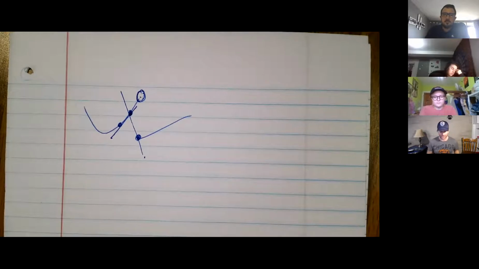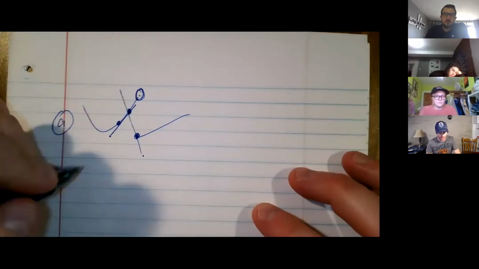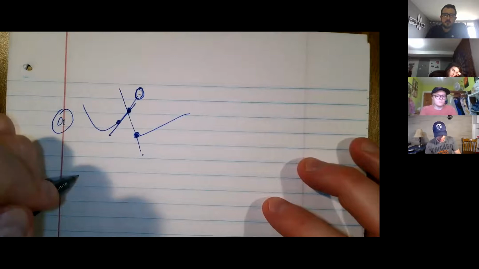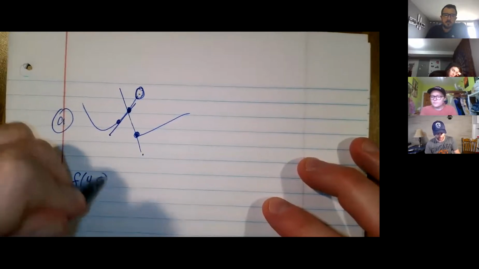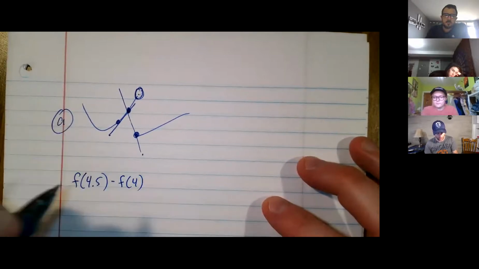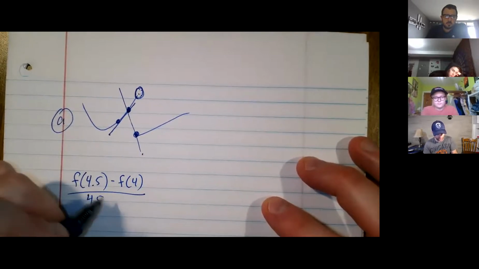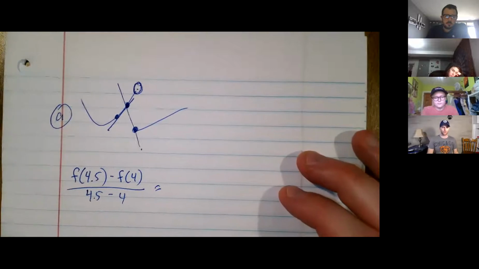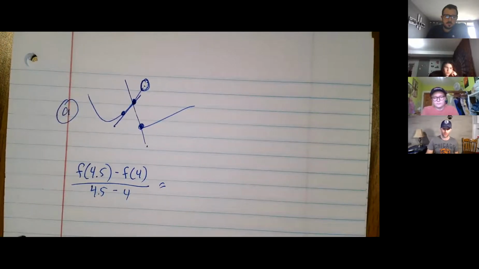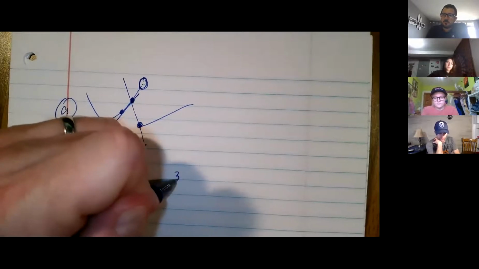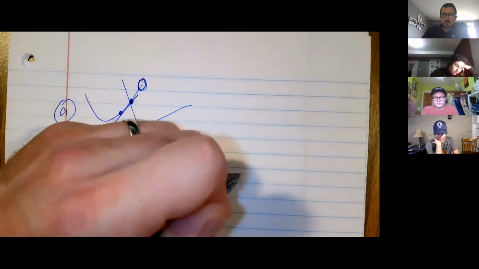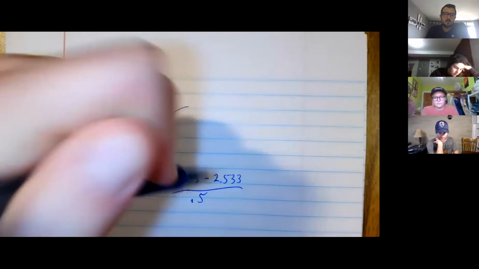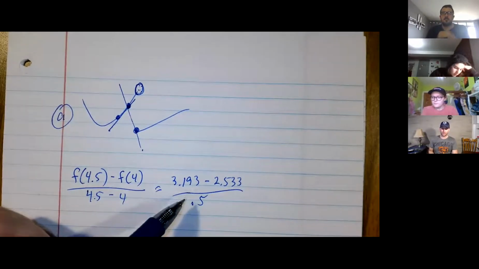Does that make sense? So for part A, if you have any difference quotient, you're going to get 1 point. But if you have something like f of 4.5 minus f of 4 over 4.5 minus 4, you're going to get the second point. So if you did this one, obviously 3.193 minus 2.533 divided by 0.5, that value is going to get you 2 points.